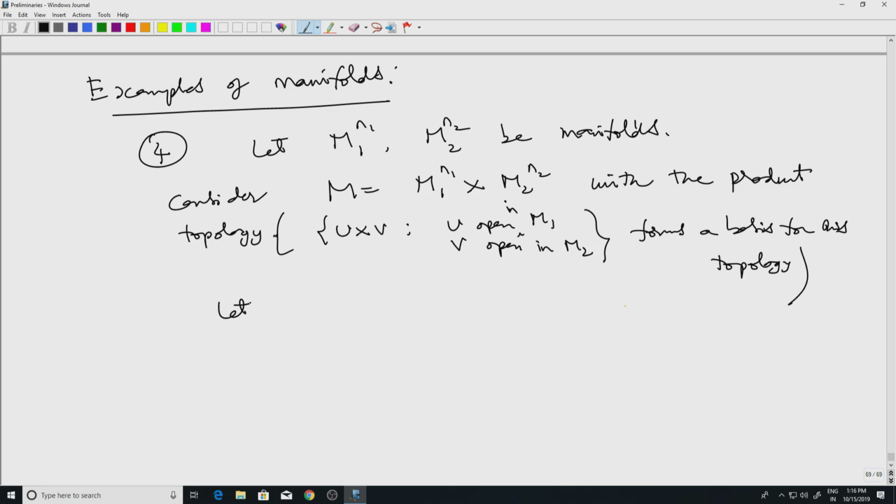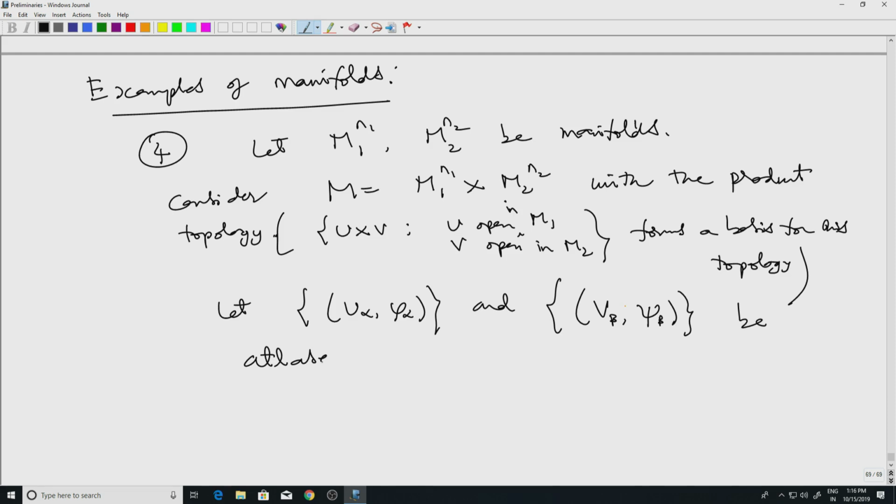I'll start with atlases (U alpha, phi alpha) and (V beta, psi beta) for M1 and M2 respectively.